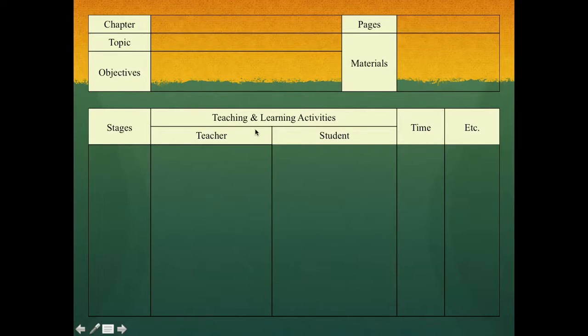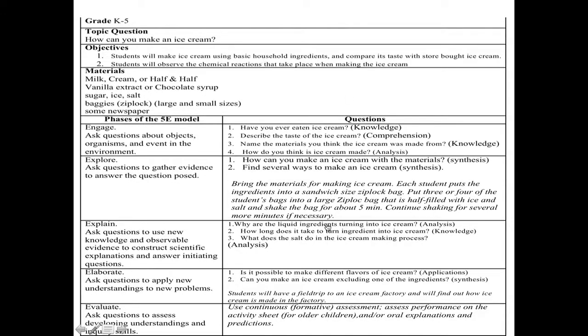You can use this format, but I made this simple lesson format. Of course you need to have time to think about the student side, but I want you to think about yourself first. So mostly this part, of course, you can put teacher side and student side in here.